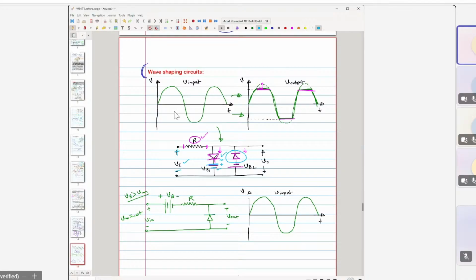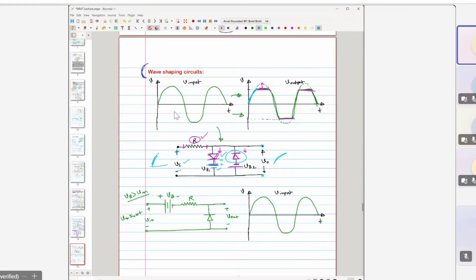Then this diode is off, and this diode is also off. Then if Vin is increasing like this, the same thing is also being fed across here, through that same path. Whatever increase happens in Vin, the same increase will also happen in the output, so the output would increase in the same fashion.